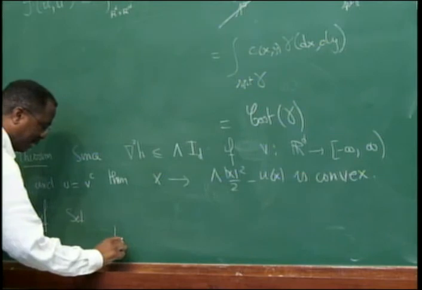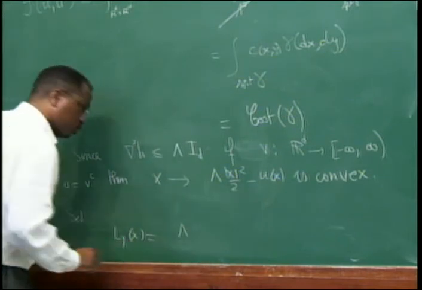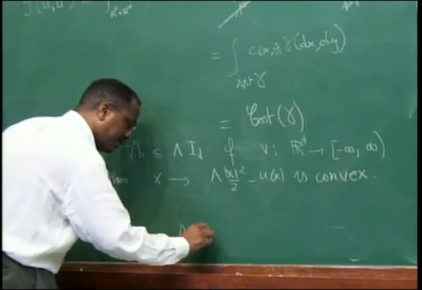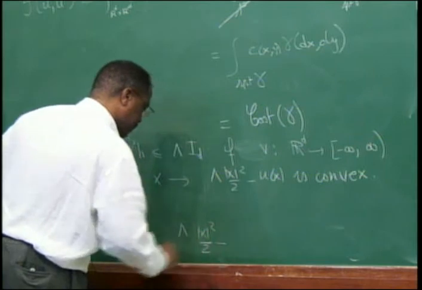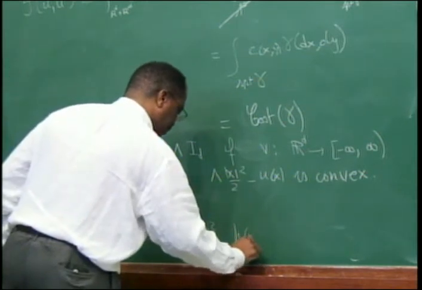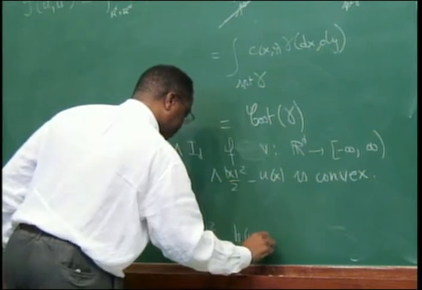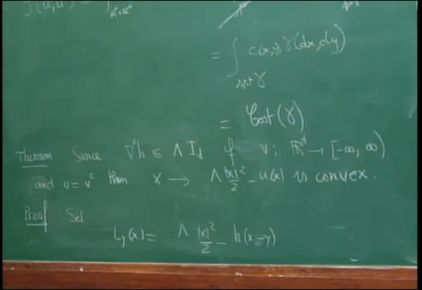Set L_y of x to be lambda |x|^2 over 2 minus h of (x minus y) plus v of y.